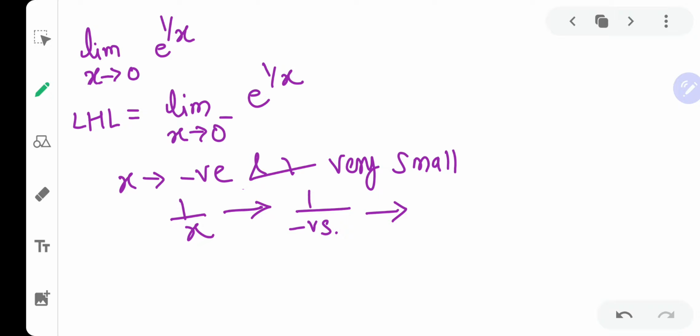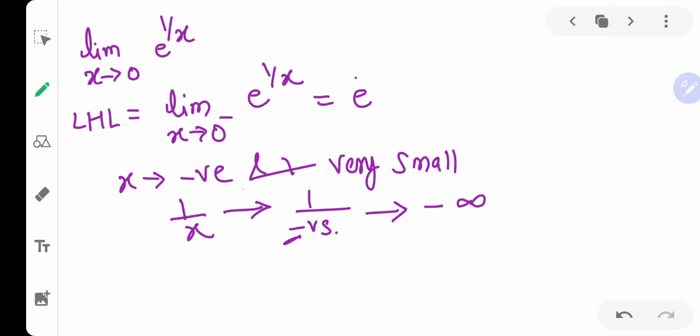It means it is tending to 1 by 0. Now 1 by 0 is infinity, but there is a negative sign, hence it is tending to minus infinity. So when x is approaching 0, 1 by x is tending to minus infinity because it is approaching from the left hand side.